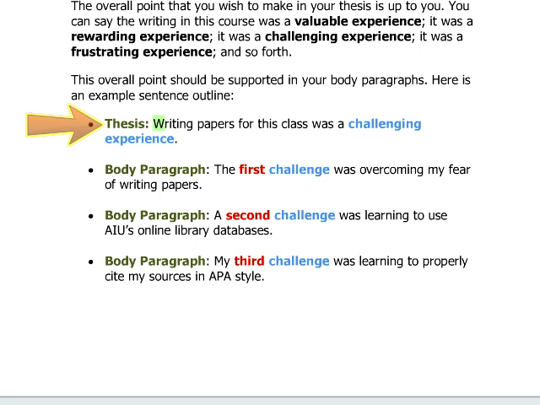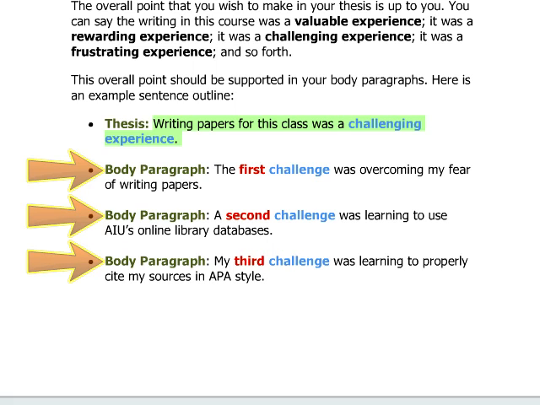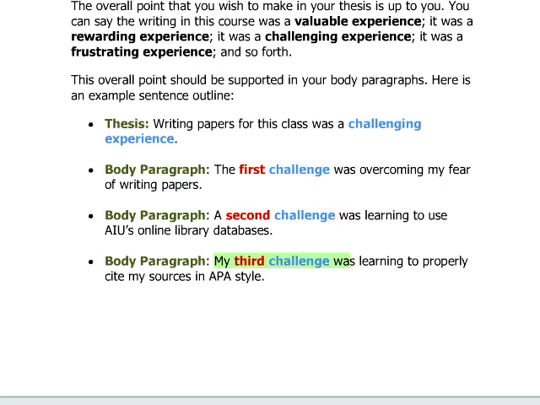Writing papers for this class was a challenging experience. So now you must come up with 3 main points to support that thesis. The first challenge was, a second challenge was, my third challenge was. And all you have to do is fill in the main points: overcoming fear, learning to use databases, and learning to properly cite sources. Perfectly fine outline.